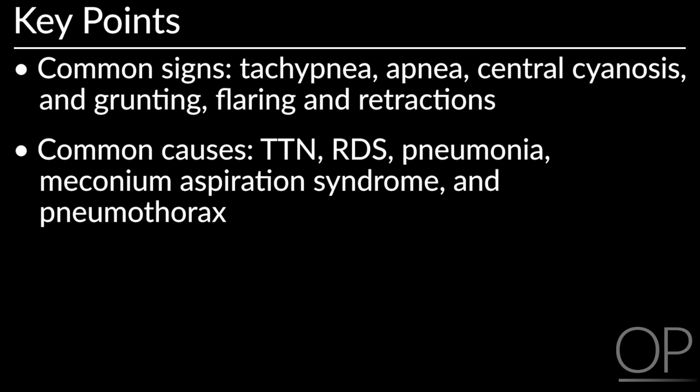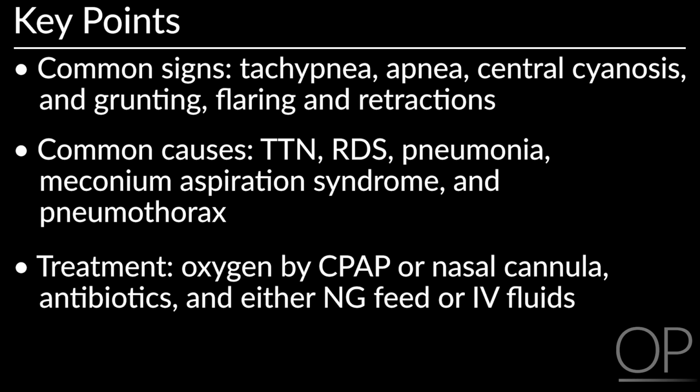The common causes of respiratory distress in newborns are TTN, RDS, pneumonia, meconium aspiration syndrome, and pneumothorax. Treatment for respiratory conditions of the newborn includes oxygen by CPAP or nasocannula, antibiotics, and either nasogastric feeds or IV fluids.